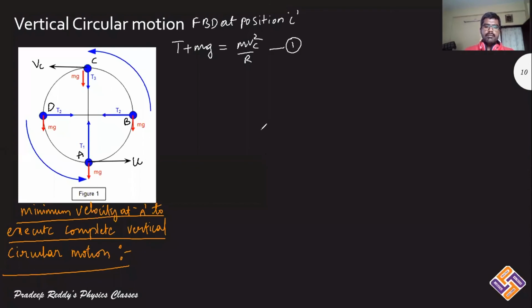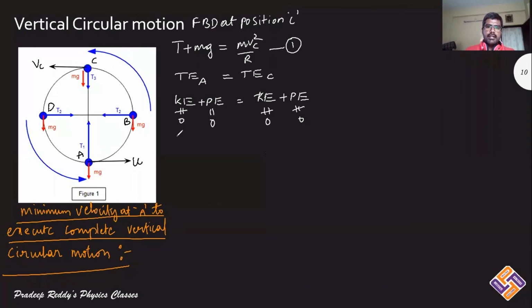Now when you are dealing with total energy of the object, total energy at any position should be the same. I'll be considering total energy at A should be equal to total energy at C. Total energy at A is kinetic energy plus potential energy. Total energy at C also is kinetic energy plus potential energy. Potential energy at A is equal to 0, and at C it is not equal to 0.